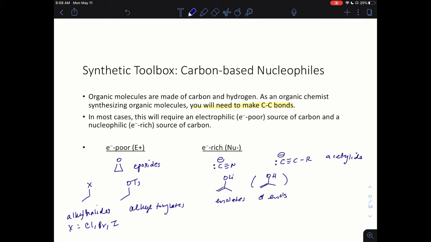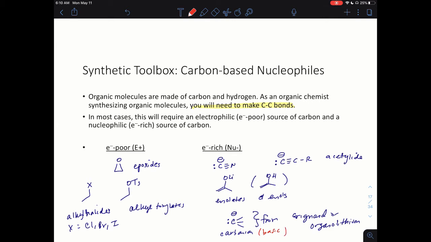Yes, on the previous page we learned about Grignard reagents, which deliver carbon ions. We could also use an organolithium reagent here to deliver a carbon ion. These carbon ions are usually more basic than nucleophilic, but you can use them as nucleophiles in some contexts.